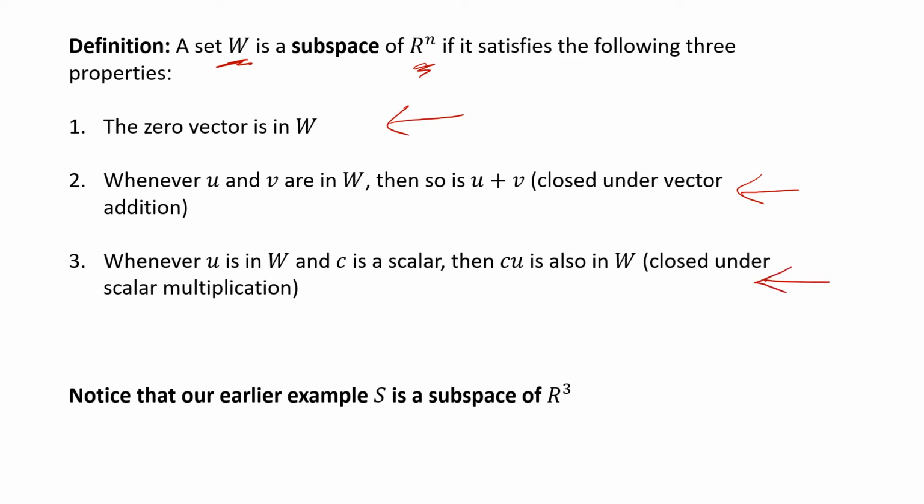Third property is that it's closed under scalar multiplication. So take any vector, multiply it by a number, you stay in the set. You can't get out of the set through addition or scalar multiplication. If those three conditions are satisfied, we say that it is a subspace of Rn. And note in our earlier example, S was a subspace of Rn.